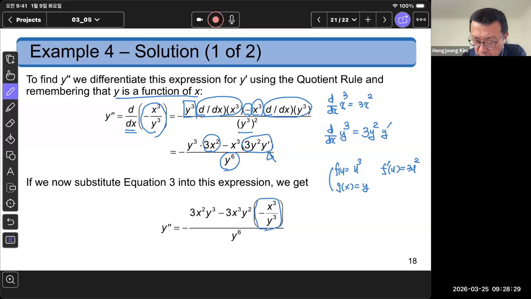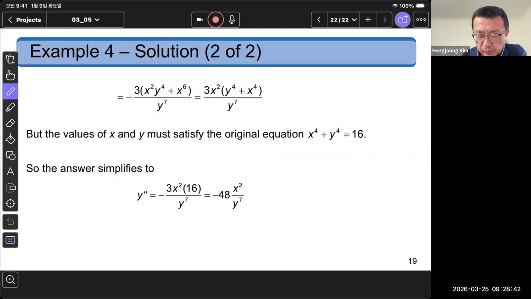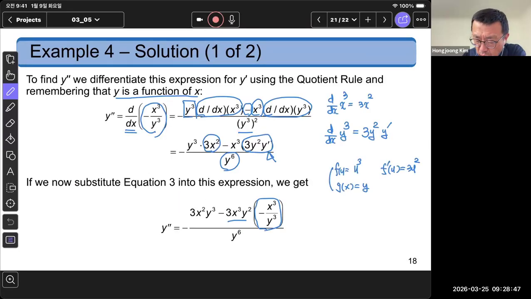In the second term in the numerator, 3x cubed y squared is multiplied by negative x cubed over y cubed. So we get negative y to the sixth in the denominator, and the first term is 3x squared y cubed, and then the sign becomes plus, 3x to the sixth and 1 over y.